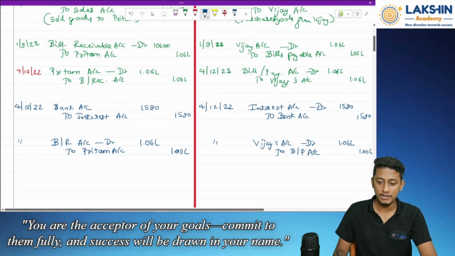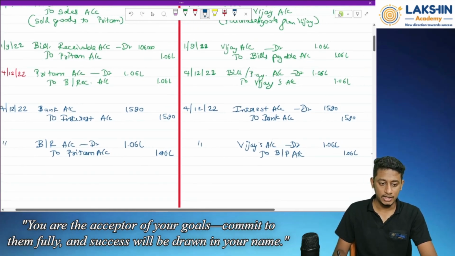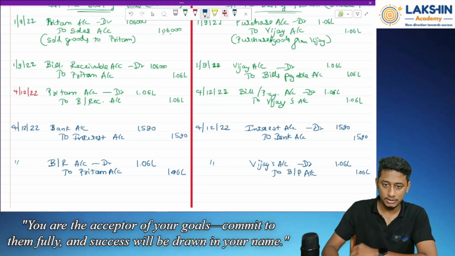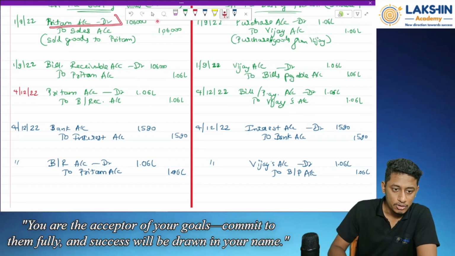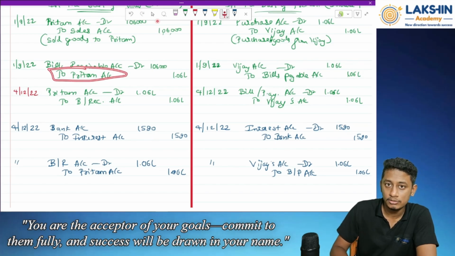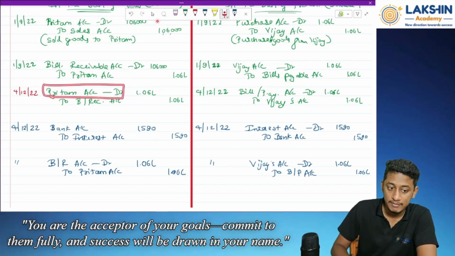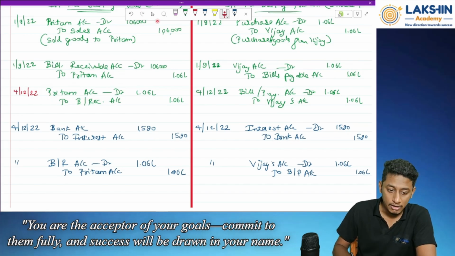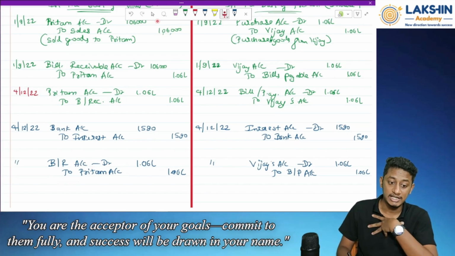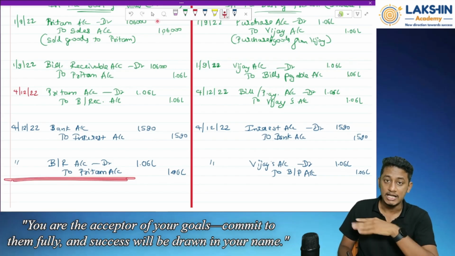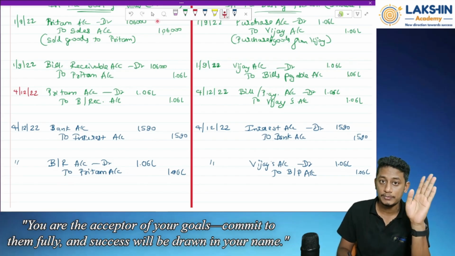Clear till here? Okay. Now what has happened? See, Preetham's account was opened, then it was closed again for the same amount, because I have created a bill receivable. Then it was opened once again, because the old bill was cancelled. Now in this entry, I am closing it once again. So in my books, at this point of time, there is no balance remaining in the name of Preetham.